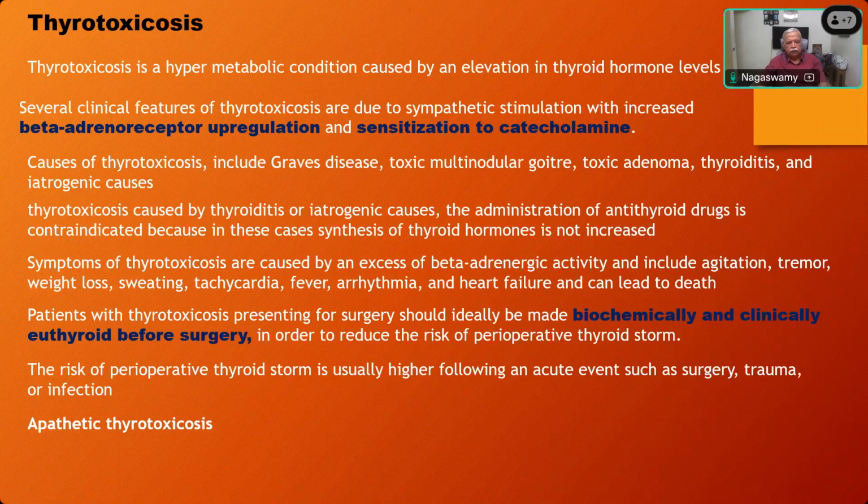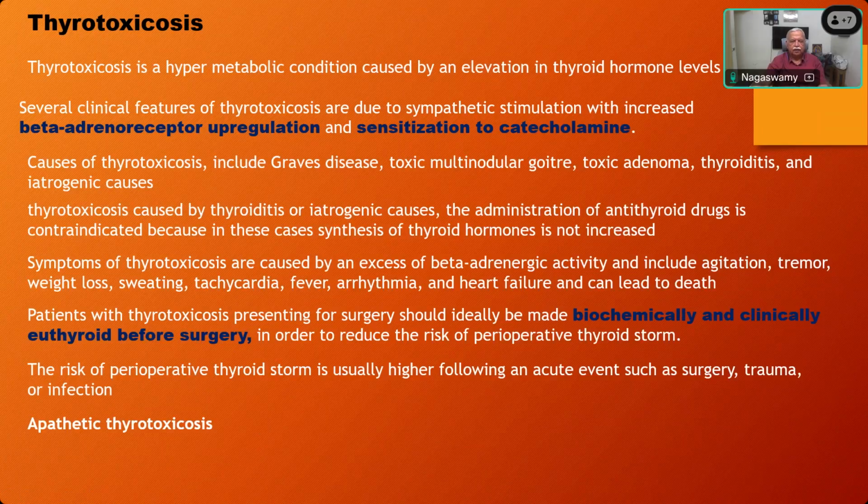Any idea what apathetic thyrotoxicosis is? You know the answer for this. Normally, what will be the behavior of a thyrotoxic patient? They will be very calm or agitated or restless or very anxious. Anxious or agitated, restless.